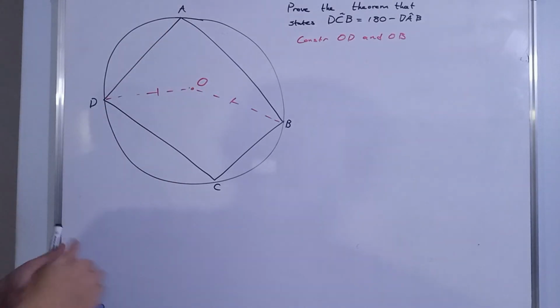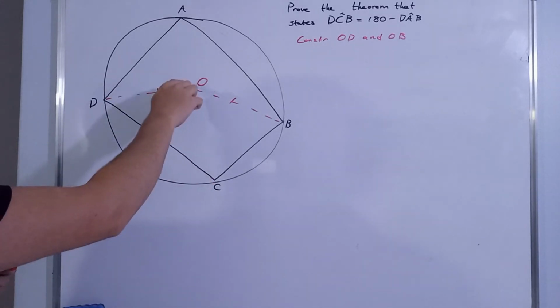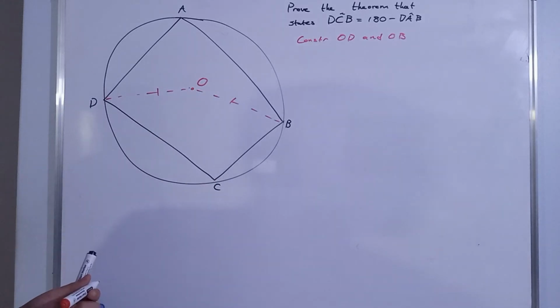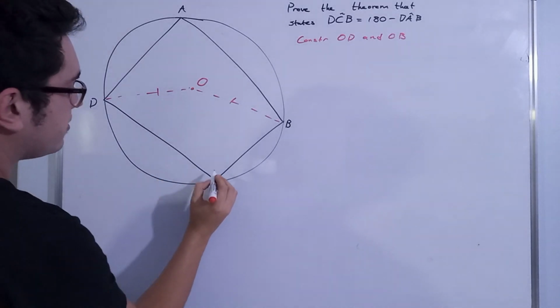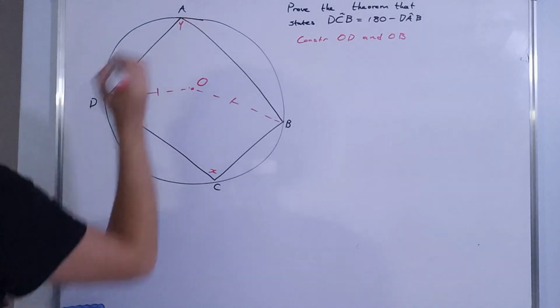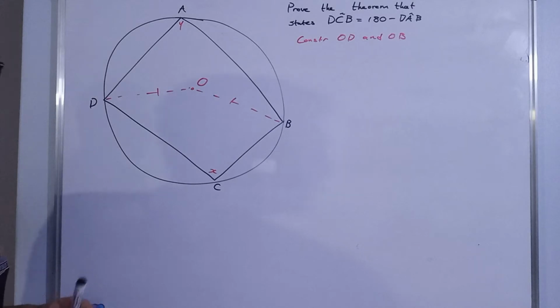We also have the same situation on this side. We have an angle which is subtended at the center and an angle which is subtended at the circumference. But let's go one step at a time here. What we'll do is we'll let this angle equal x, and we'll let that angle equal y. This angle would be DCB, that's what I'm going to call it.